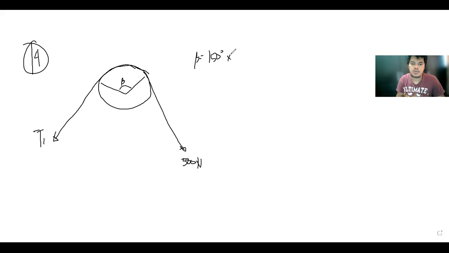To convert that to radian, we multiply it with pi divided by 180 degrees. So 150 divided by 180 would be 5 pi over 6. Using the formula, T2 divided by T1 is equivalent to e raised to mu beta.